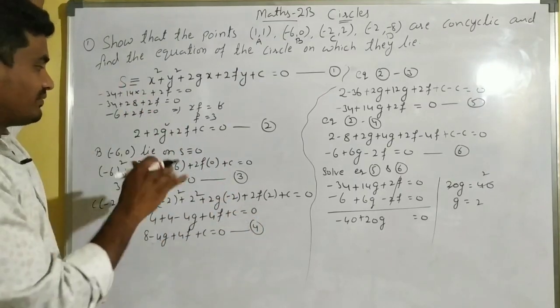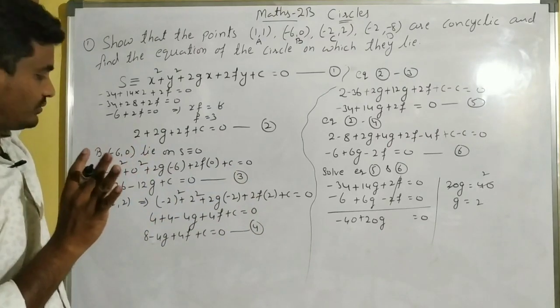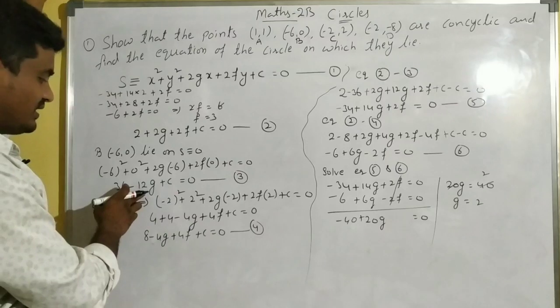That g and f we can substitute in equation number 2, 3, or 4, wherever you can. So better I am going to substitute in the third equation because only the g value is there.